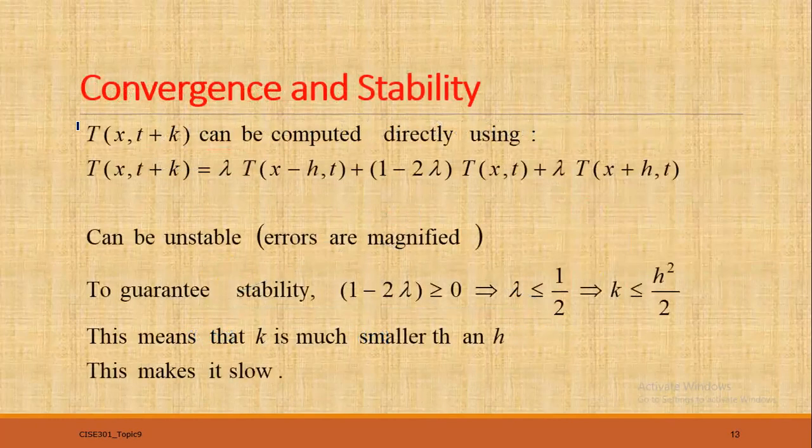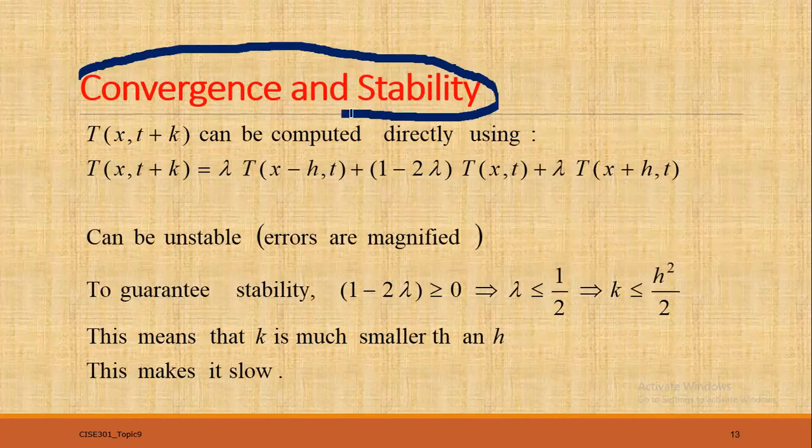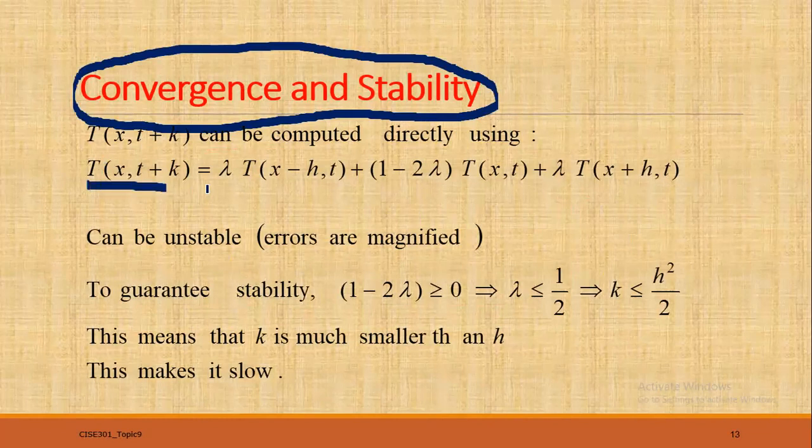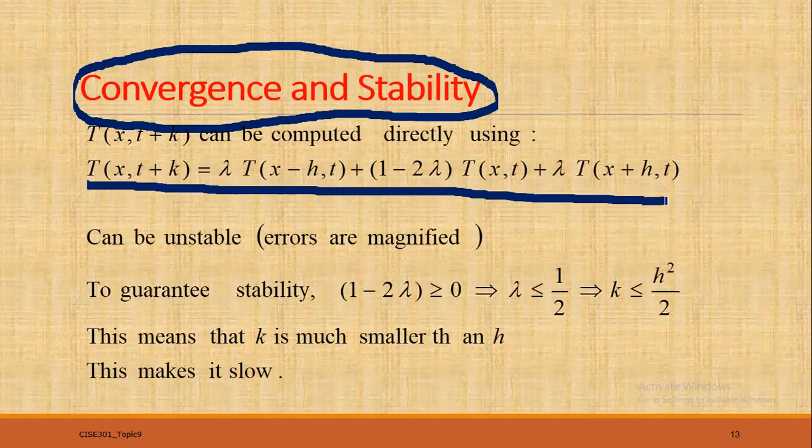Now the convergence and the stability of this finite difference explicit method. We know this is our equation, and this equation is stable if 1 minus 2 lambda is always greater than or equal to 0.